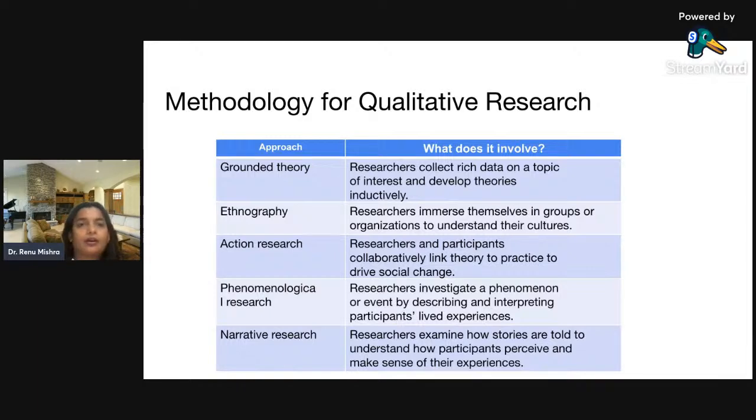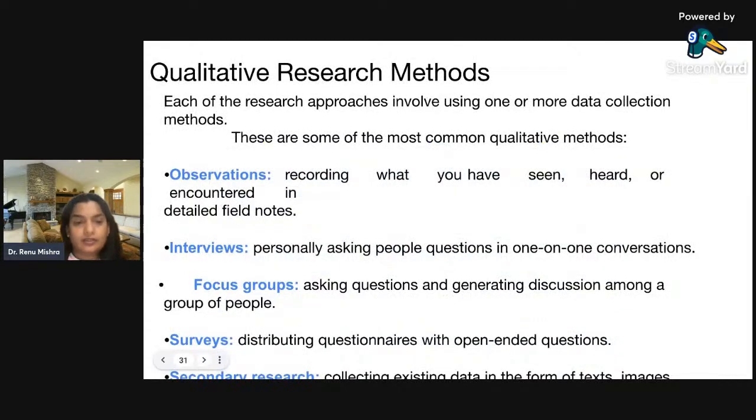Coming ahead, the qualitative research methods we already discussed: observation, what you have seen and heard, of which you make a detailed record. Interviews, when you are asking questions individually to your respondents. Focus group, which I told you already, and surveys, where you distribute the questions.